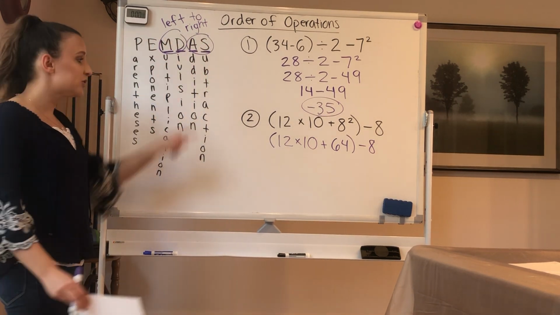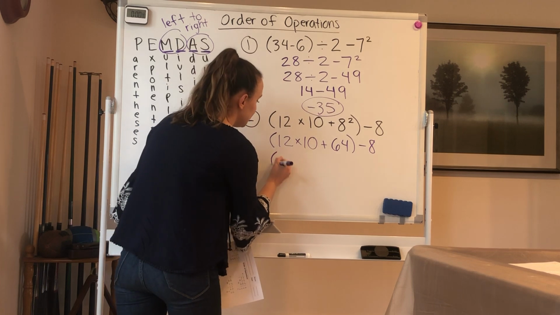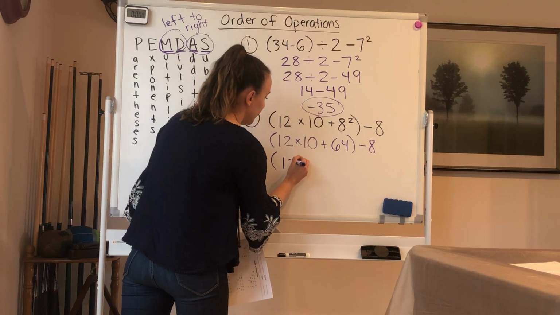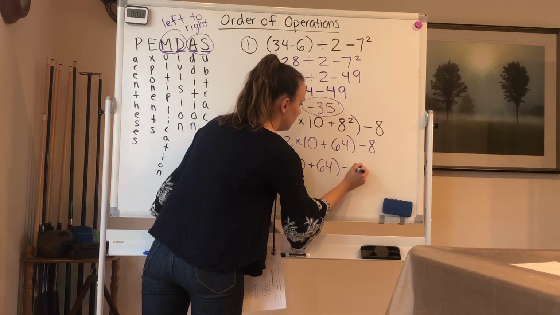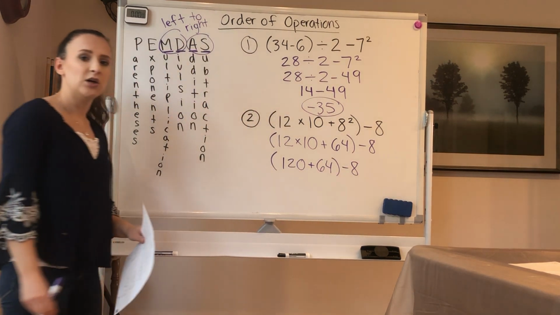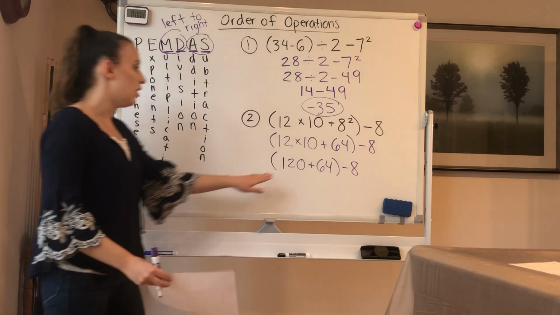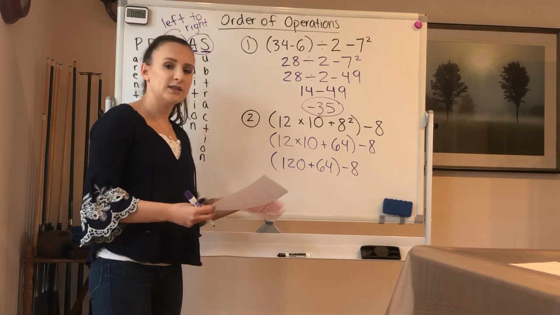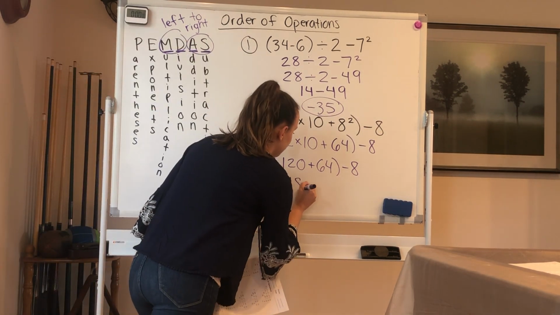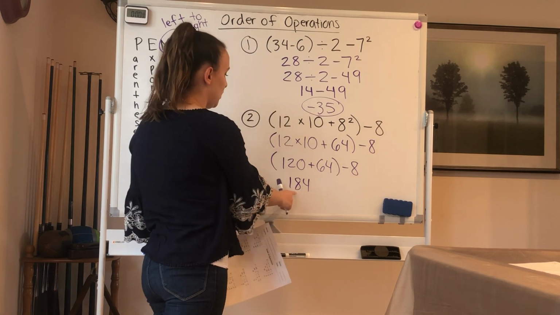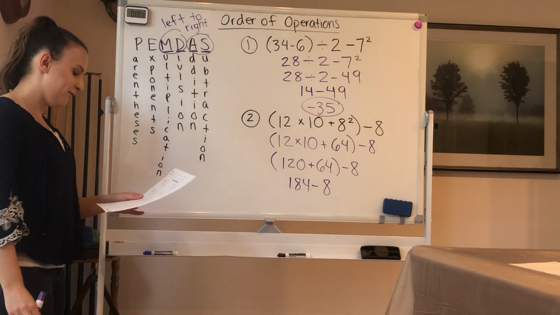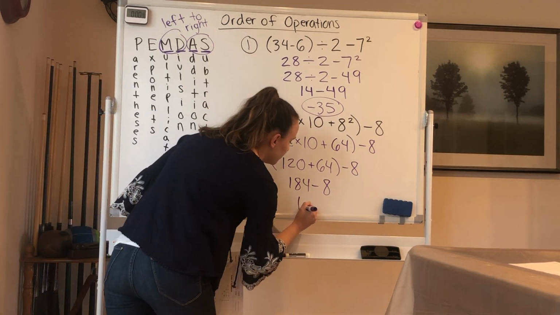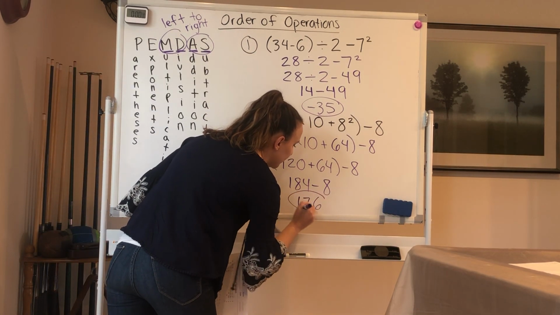Multiplication comes first. So 12 times 10 is 120 plus 64. We still have to finish the parentheses. 120 plus 64 is 184. So now we have 184 minus 8. And 184 minus 8 is 176. So that's your final answer.